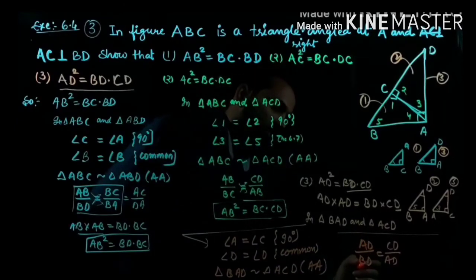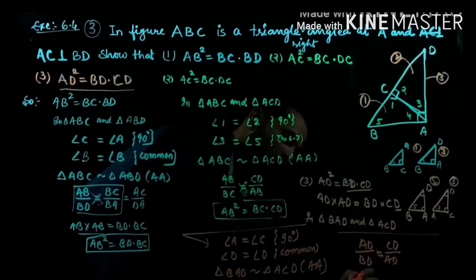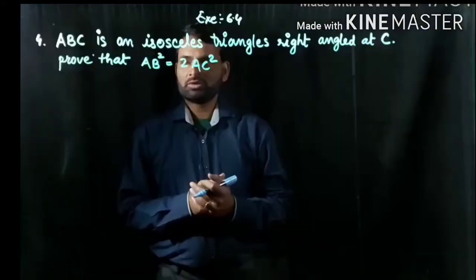Okay, then by cross multiplication, you write AB square is equal to BD into CD. This is the third solution.